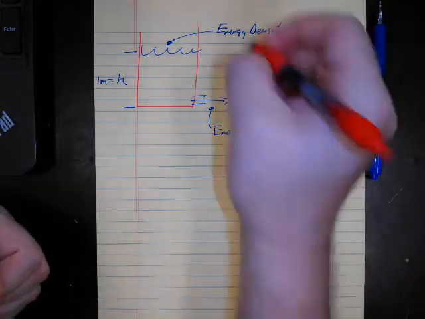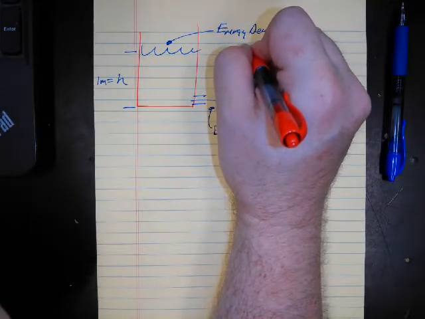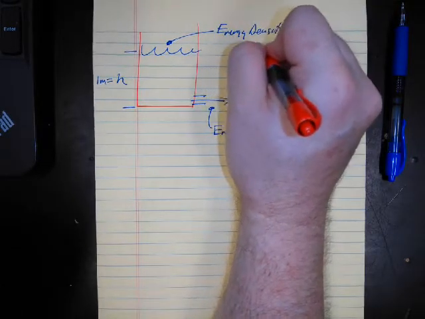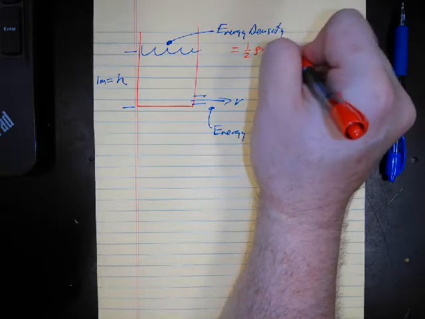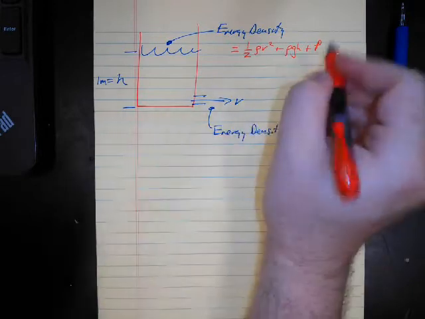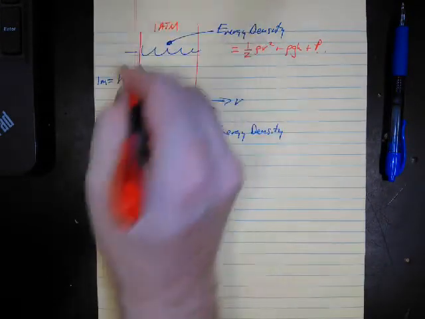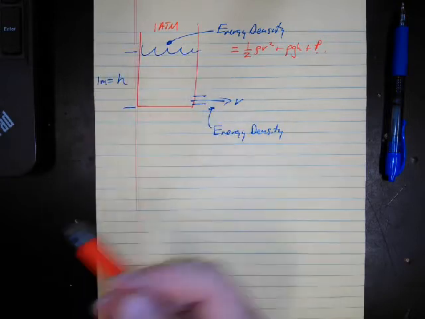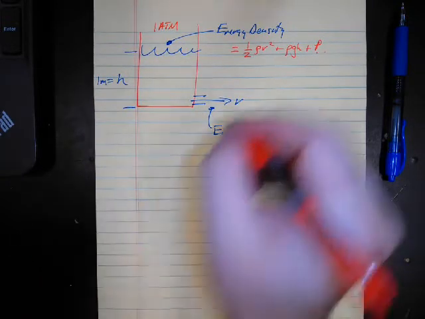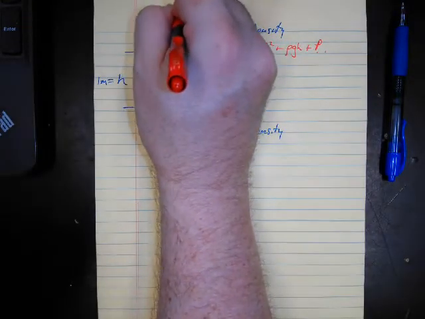So here, what we have is 1/2 rho v squared plus rho gh plus pressure. So the pressure here is 1 atmosphere, because this is just a container that's open to the air. So this is 10 to the 5 Pascal.